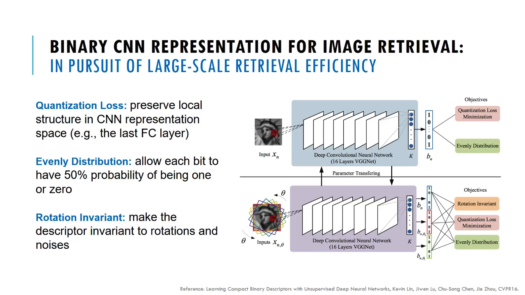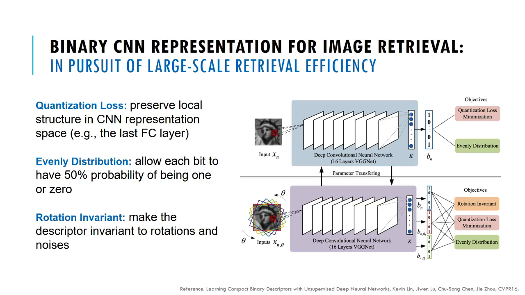The other point we're going to deal with is the distribution. We're going to be worrying about the even distribution of the bits. In terms of probability, we don't want there to be a higher probability of ones than zeros. What we're trying to do here is maximize entropy, because if we have less entropy, then we have a less performant representation.